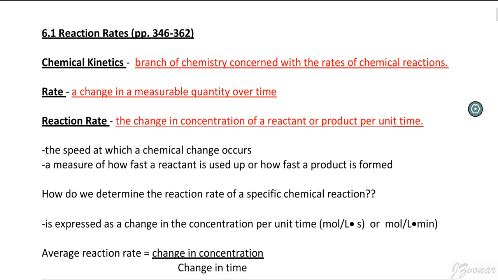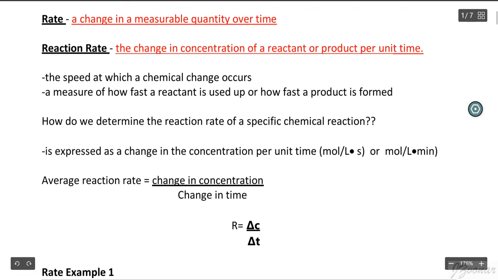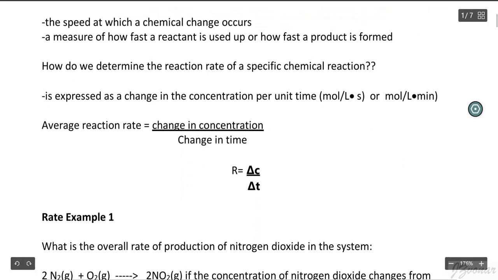So how would we determine that reaction rate? We will always express it in terms of concentration. Our units for concentration are moles per liter, and then we determine the time either in seconds or minutes. So by definition then, the average reaction rate is equal to the change in concentration over the change in time. So that gives us our formula here.